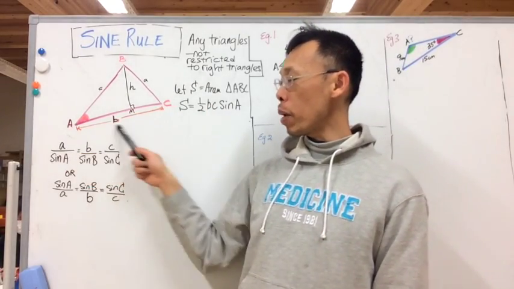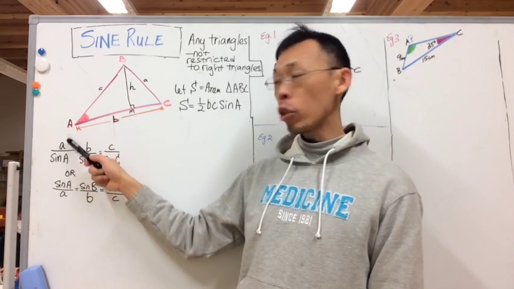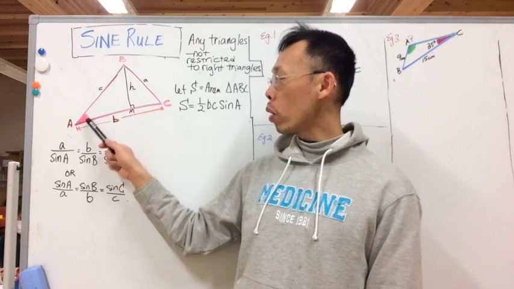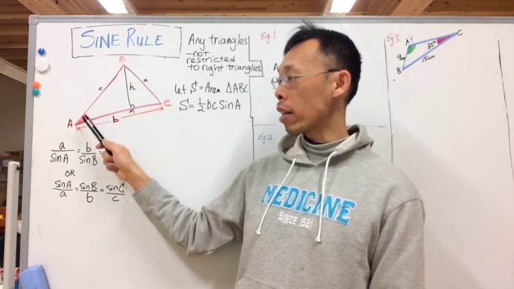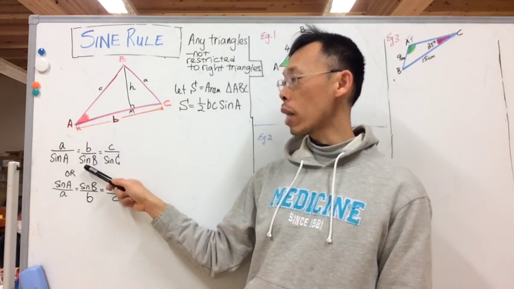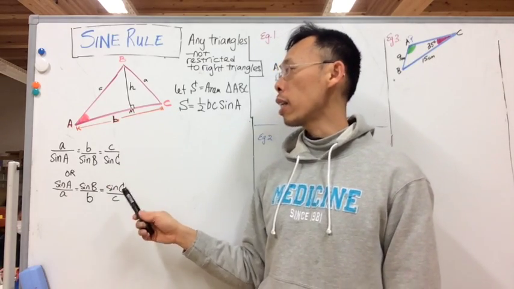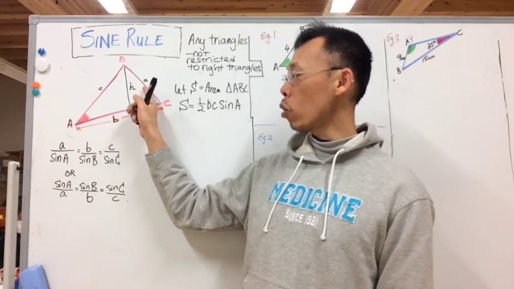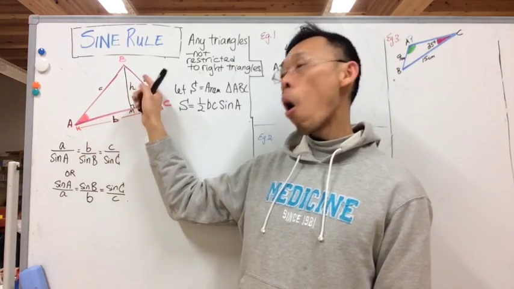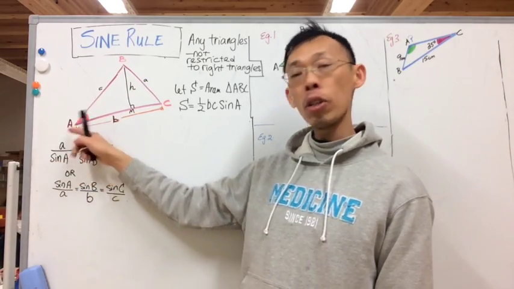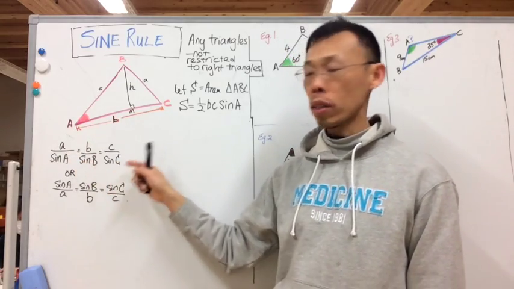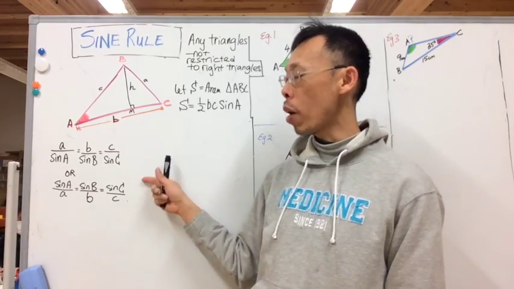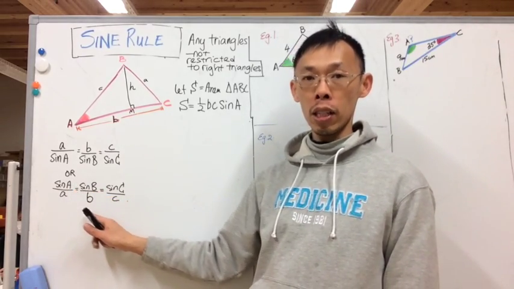The rule says that the ratio of the side A, which is opposite the angle A, over sine A is equal to B over sine B. So it's saying that the ratio of the length of a side to the sine of the angle opposite it is always the same. So A over sine A equals B over sine B equals C over sine C. Or you can rewrite it as sine A over A, such as this one.